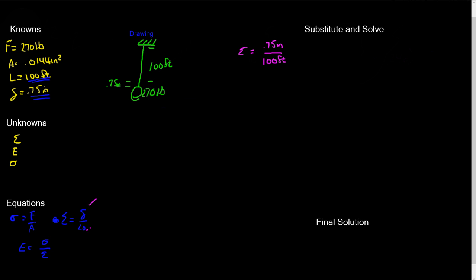I need to get these either both into feet or both into inches. I'm going to go both into inches because it's pretty easy. So it's 0.75 inches divided by 100 feet, knowing that there are 12 inches in 1 foot. And what that will do is cancel out my feet unit. So I'll get my handy dandy calculator out and jam those numbers through.